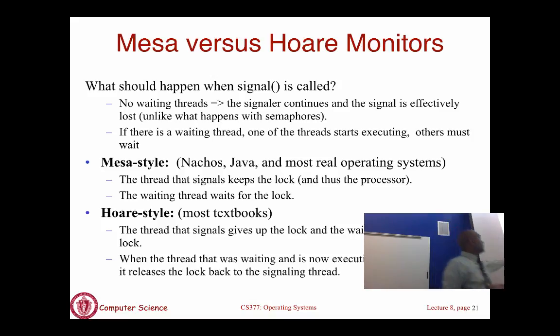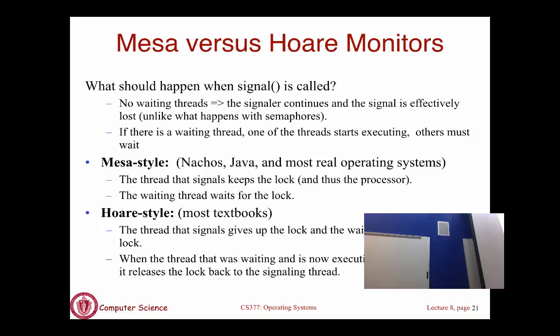Okay. There's another semantics that's now not used in real systems anymore. A long time ago they were. So at this point, this is only in textbooks, but it's nevertheless instructive to understand what it does. So in this case, if you use the Hoare-style monitors, the thread that called the signal is going to explicitly transfer its lock to a waiting thread. Okay? You not only wake up the thread, but you say, here is the lock, and you actually transfer the lock.